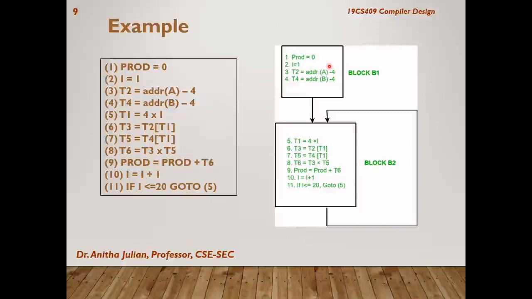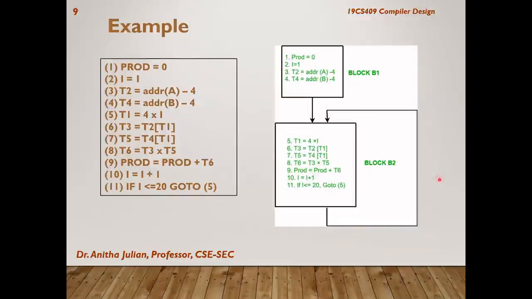So we are having prod equal to 0 as the first leader, and we will write the statements up to before 5. Statement 5 is a leader. So the first 4 statements will form block 1, and 5 is another leader, so starting from 5 up to 11, that will be the second block.